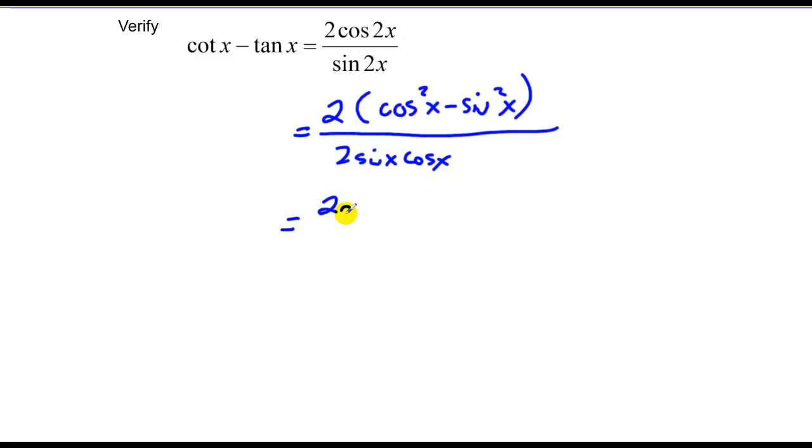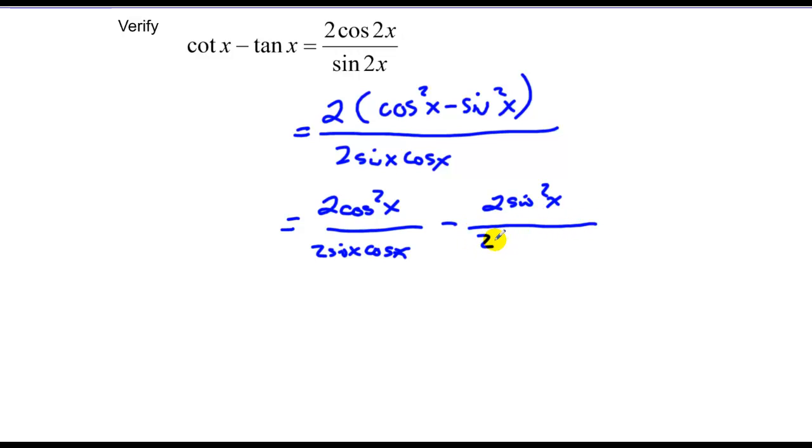This is 2 cosine squared of x over 2 sine of x cosine of x minus 2 sine squared of x over 2 sine of x cosine of x.